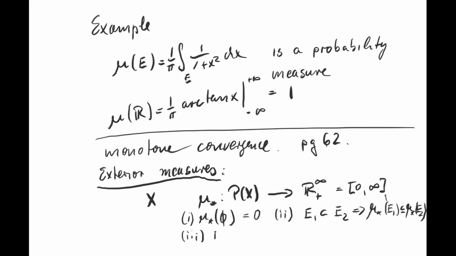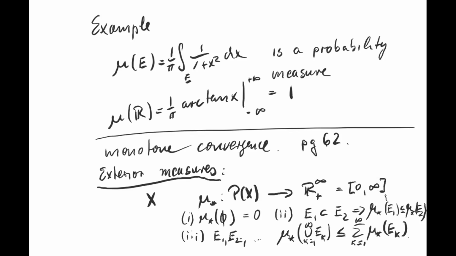So if you have a countable collection of sets, then the exterior measure of the union of those sets is less than or equal to the sum of the exterior measures. Just like we had for the exterior measures in R^d, where we had a description for that.